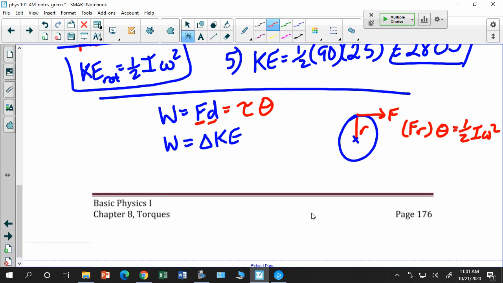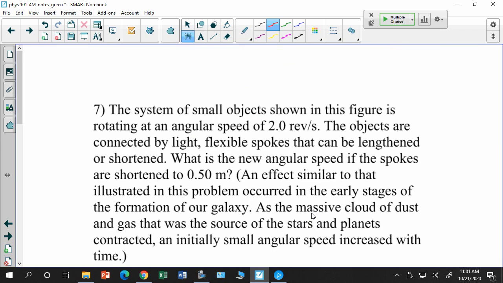Remember, 3 big ideas. We've already seen one, Newton's second law. The second was kinetic energy, and then also the work energy theorem sort of wrapped up in that. And then the third is angular momentum. Remember, we just had a chapter on momentum that was on our test, right? When I have an object that's moving in a straight line, it has momentum. And that momentum is a product of the mass and velocity.